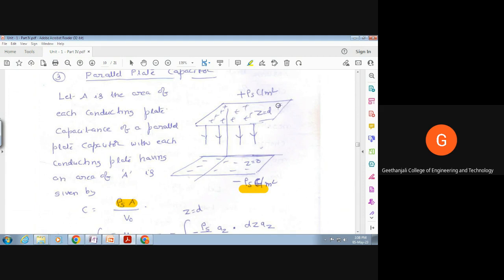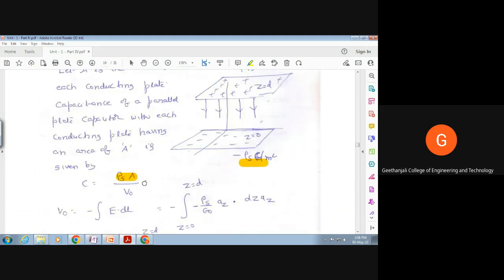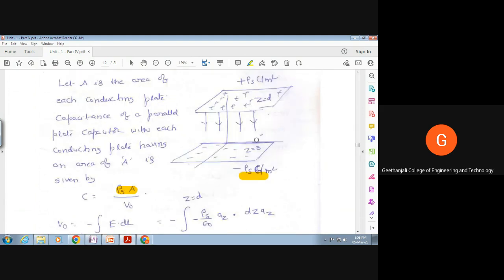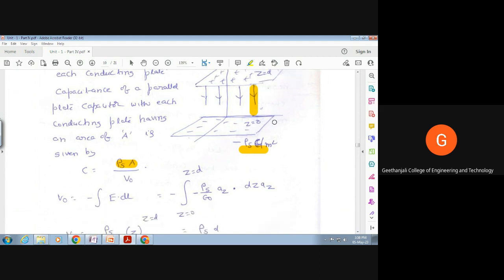Rho S into A, divided by V naught. What is V naught? The potential difference between the two conductors. Now if you look at the direction, the electric field will be along minus Z direction. It is from Z is equal to D to Z is equal to 0, from the upper plate to the bottom plate.